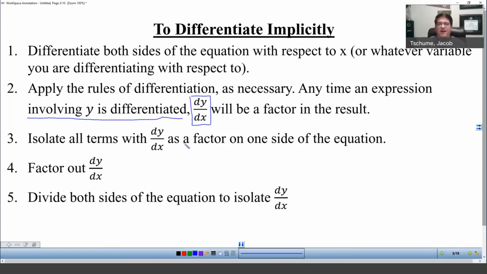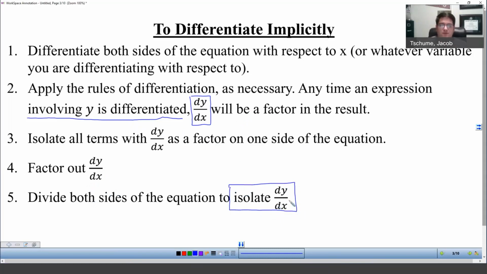Once you go through all of that, you need to isolate every term that has a dy dx on one side of the equation. When you do this, you will be able to factor out the common dy dx, and then you will divide both sides of your equation, because your ultimate goal in these problems today is to isolate the dy dx term.